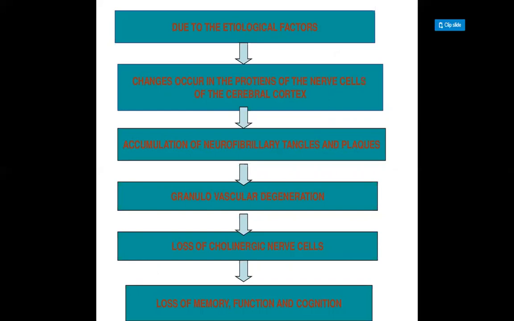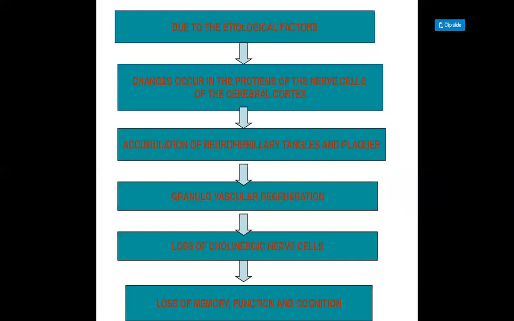When changes occur in the protein of the nerve cells of the cerebral cortex, it creates the accumulation of neurofibrillary tangles, and it forms plaques. Because of this change in the protein of nerve cells, the accumulation occurs.